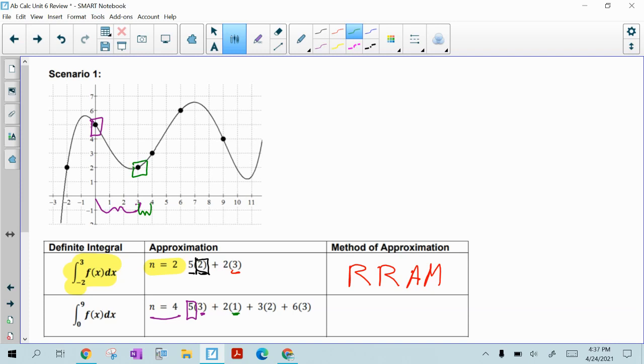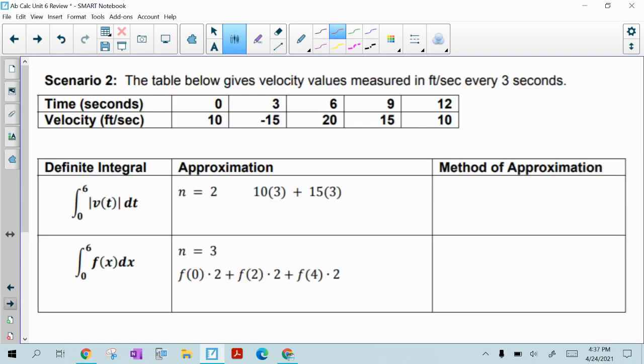Yeah, I've kind of confirmed it. I've got this being an LRAM technique. And once again, if you don't believe it, you can check other points and make sure that everything is going okay on that. And you can see that, yes, if I check my other points, I do have a height of 3 on that one, and I have a height of 6 on my other left-hand side technique. So I just proved that one down nicely.